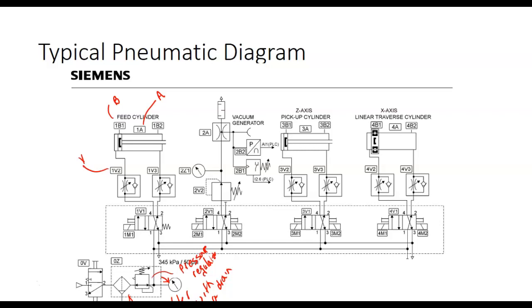That's the same symbol we use for any type of gauge. Yeah, the air just goes both ways. And then this tells us it's what? It's variable. So on these, how do you adjust them? You pull the cap out and turn it.